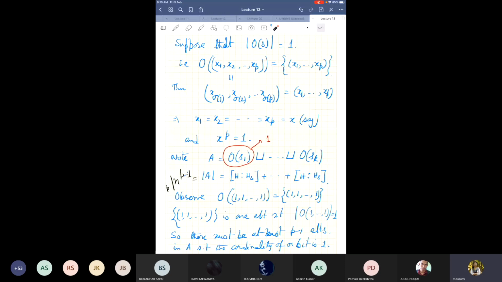But is 1 plus (k minus 1) times P divisible by P? Here one orbit is 1 and the rest are P. So this should be divisible by P, isn't it? P divides this side, so P should divide this also, right?